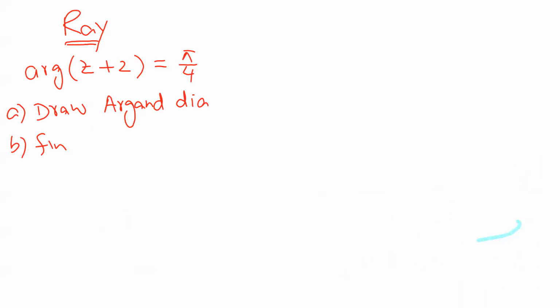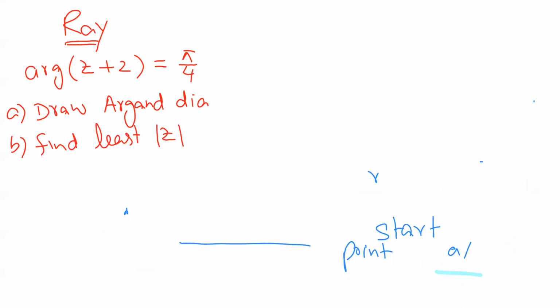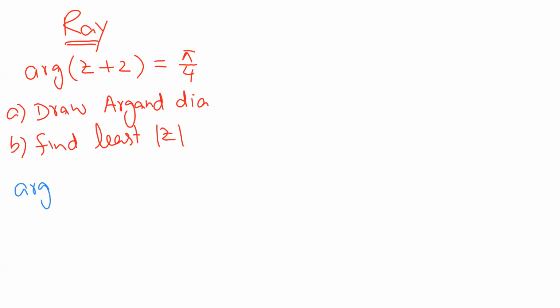A ray is a kind of line which has one end at a, the starting point, and the second end is endless. Rule number one: whenever we start, we are bound to make it a negative sign. So arg(z + 2 + 0i) equals pi by 4, that is, arg(z - (-2 + 0i)) = pi/4.